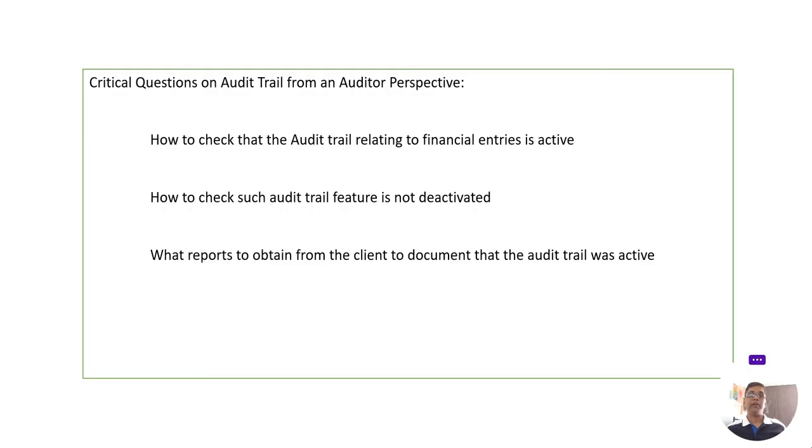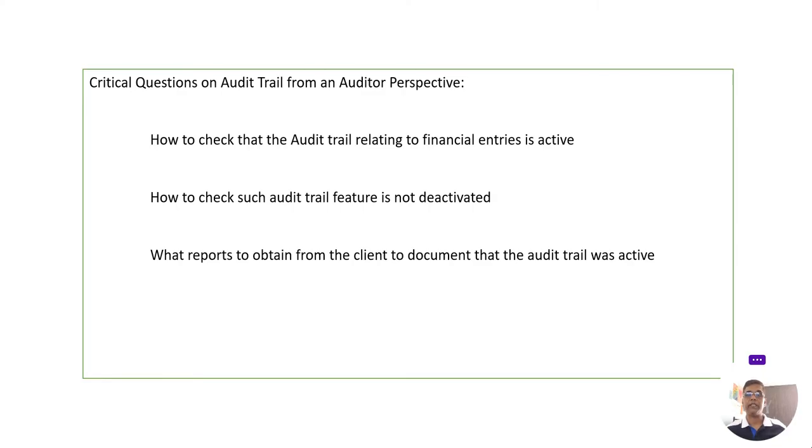For an auditor, the critical questions on audit trail are: how to check that the audit trail related to financial entries is active in a system or not; how to check that such audit trail feature has not been deactivated. So you first have to see that it's active, then also whether it has been deactivated or not.